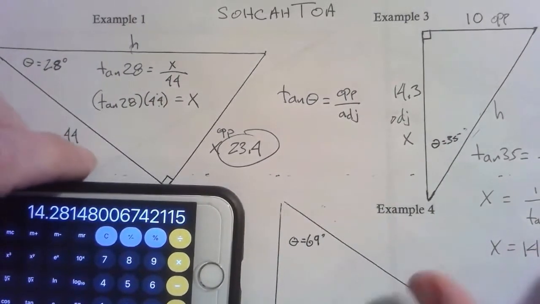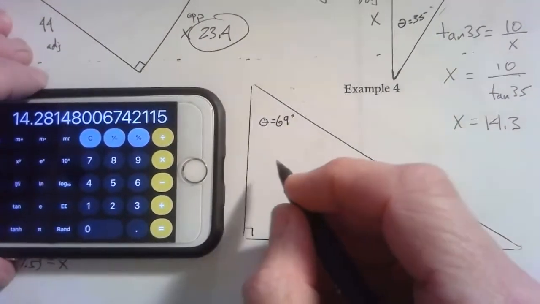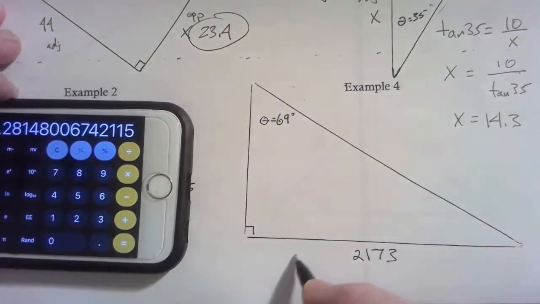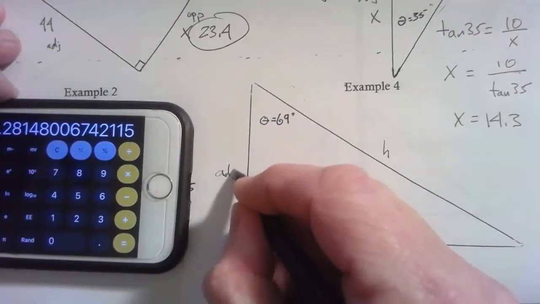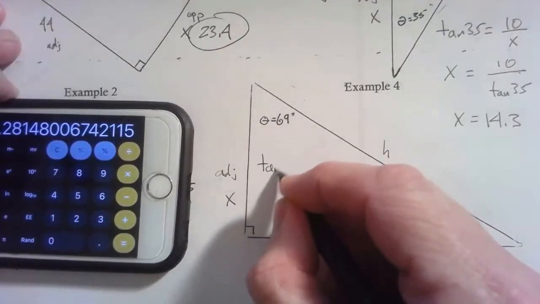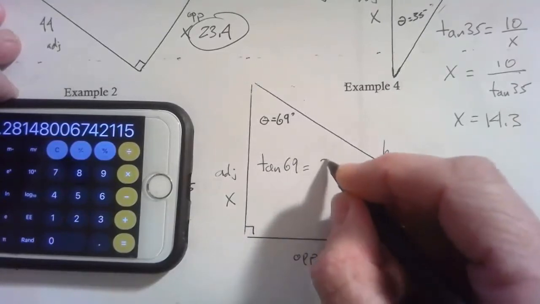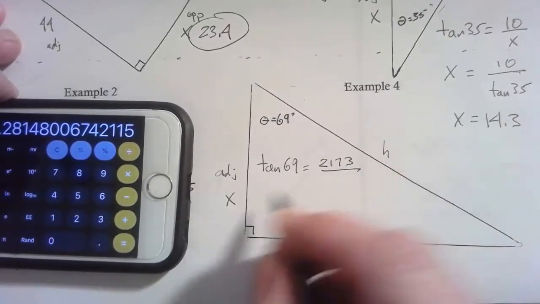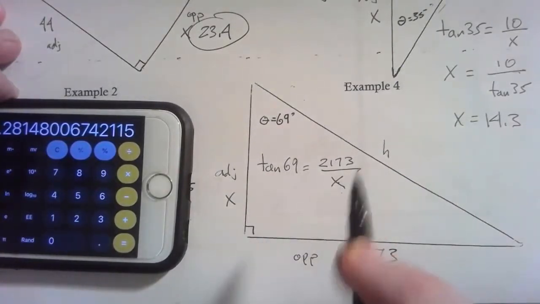You should try it on your own and then come back and look at the video and see if you did it right. So I'm going to have opposite, hypotenuse, and the adjacent is what I'm looking for. So I'm going to say tangent of 69 is equal to 2173 over the adjacent, the unknown. I'm going to switch these two.